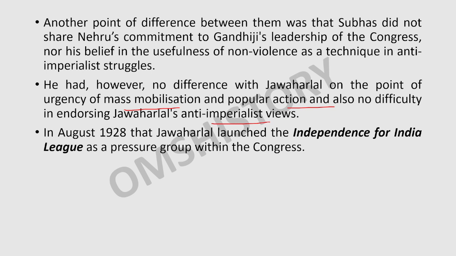What happened in August 1928 when the Nehru Report came forward and talked about dominion status? Jawaharlal Nehru decided to form a pressure group within the Congress with Iyengar and Subhash Chandra Bose. The group was the Independence for India League. This is also a very important fact.